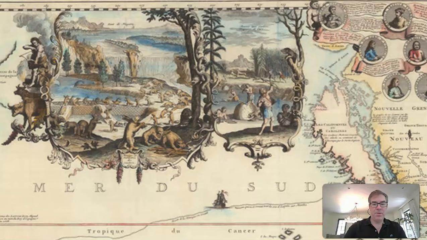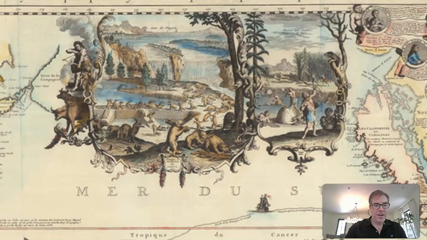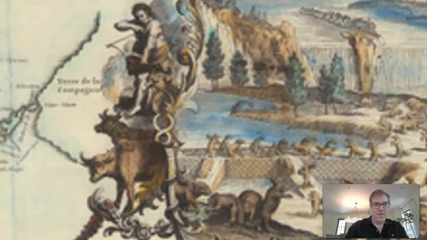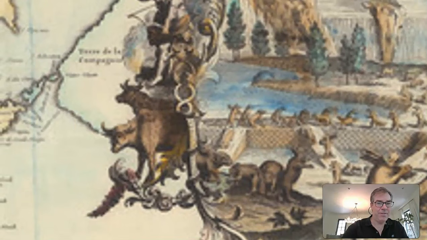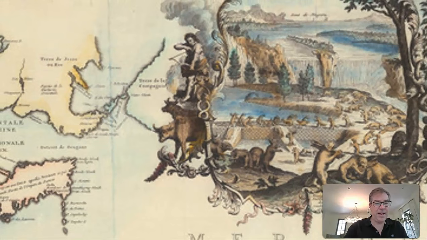But at that time, it was still showing a hint of that. It's blurry, but it says the land of the camp, Terra de Campagny, and the Strait of De Vries between it and Tartary.